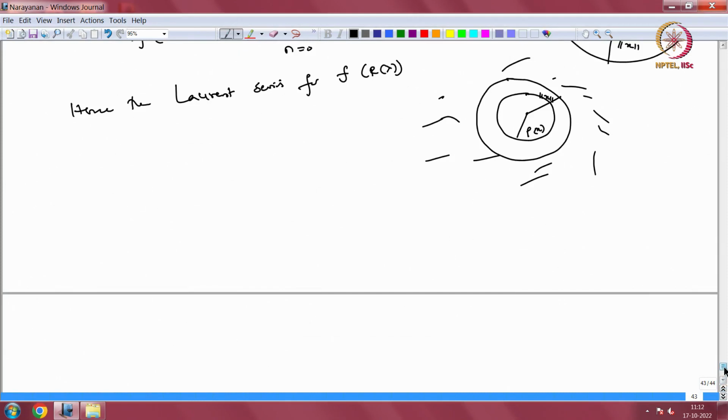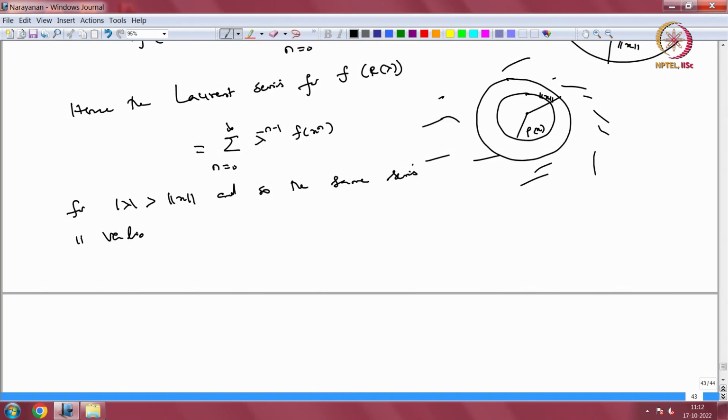So, f of R lambda is the summation of lambda to the minus n minus 1 times f of x^n, n equal to 0 to infinity, for mod lambda greater than norm x, and so the same series is valid for mod lambda greater than rho x, even though rho x is smaller than norm x.